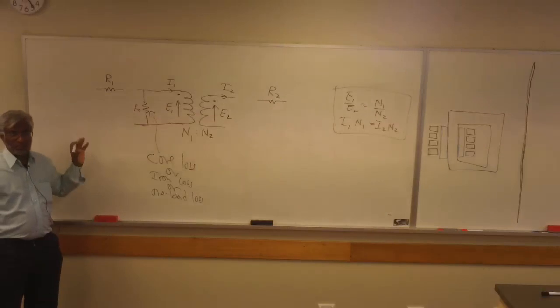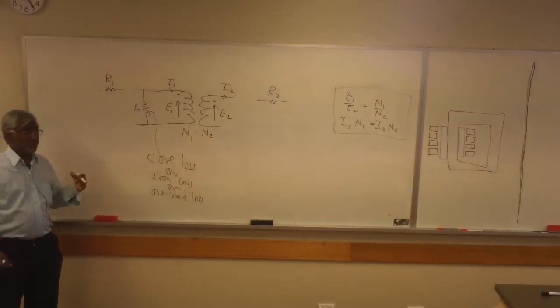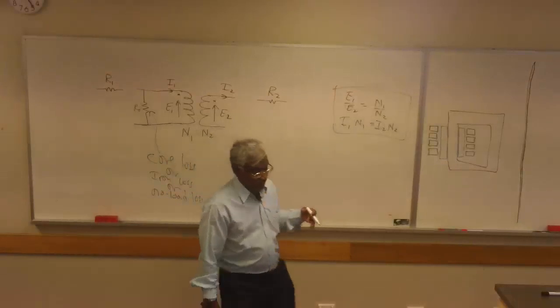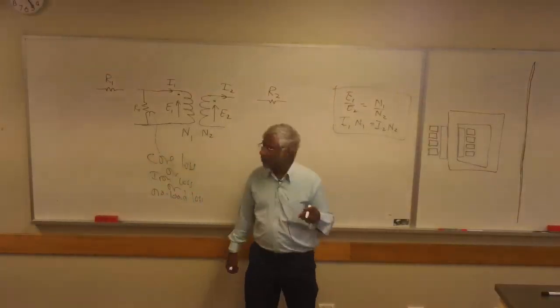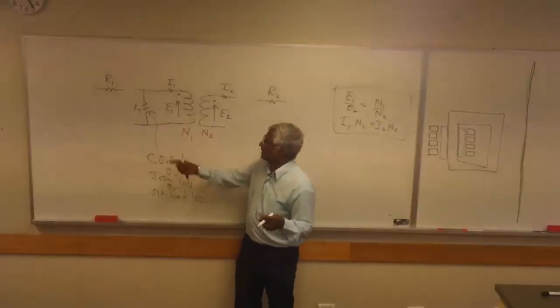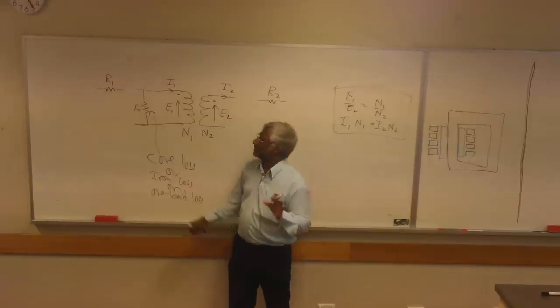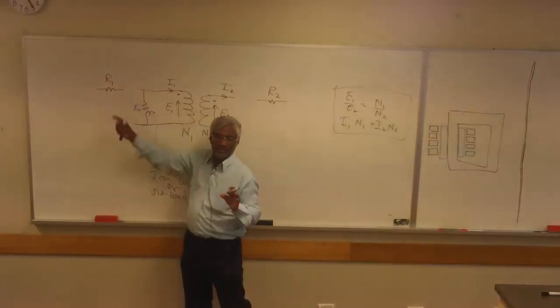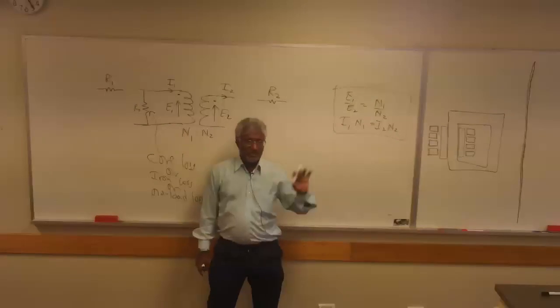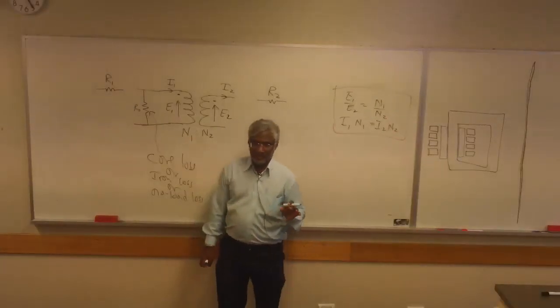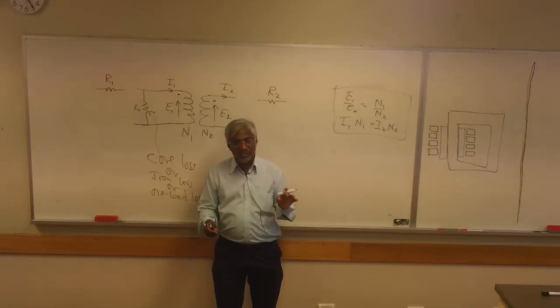It is an important loss in a transformer. If you're dealing with the running cost of transformers, then that comes into it, because that's sitting there all the time. This one here is variable loss, so it depends on how much demand you have, whereas this one is fixed loss, which means that you're losing that all the time.